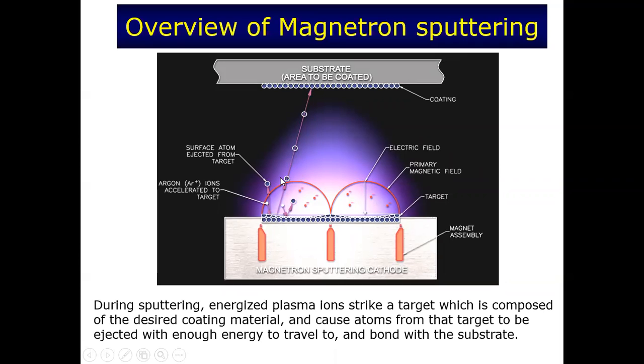Just imagine if this is not a vacuum, then this atom, as it moves towards the substrate, will collide with other atoms. You don't want that. That's why you want the mean free path to be high, such that these atoms can travel and deposit themselves onto the substrate.